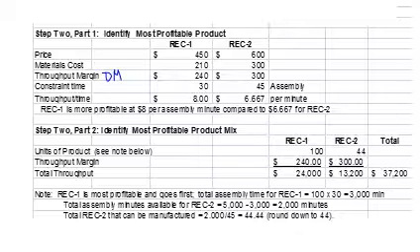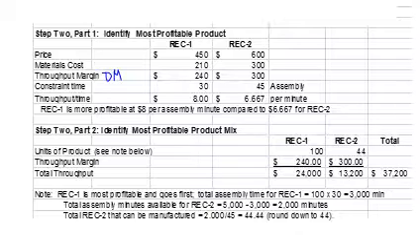So we're going to take the price per unit, which was $450 for REC1, minus the direct cost. So it's a price of $450 minus the direct material of $210, which gives us a throughput margin of $240. And then we're going to divide that by the minutes of the constraint that we identified.